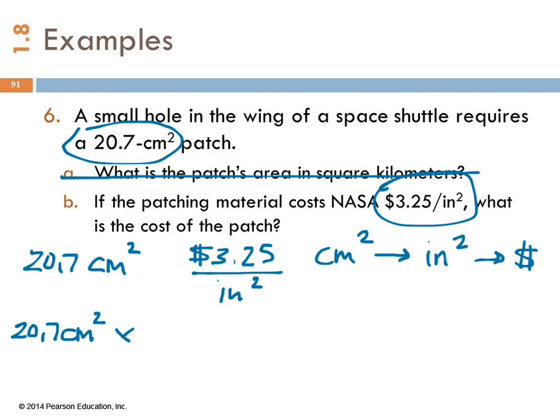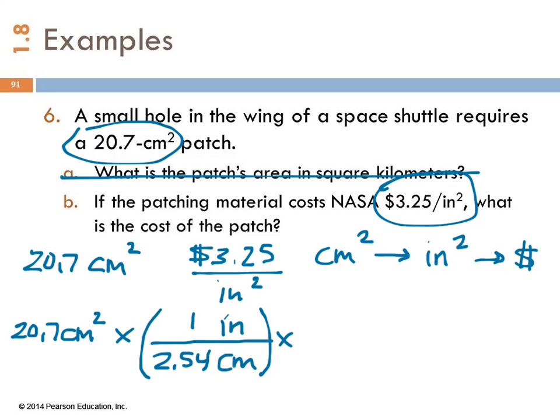Square centimeters. First we're going to ignore the square and just put in the conversion for centimeters to inches. So that's 1 inch and 2.54 centimeters. But then we square the whole thing, including the number, especially that number. Do not square the 20.7. This square refers only to the centimeters.